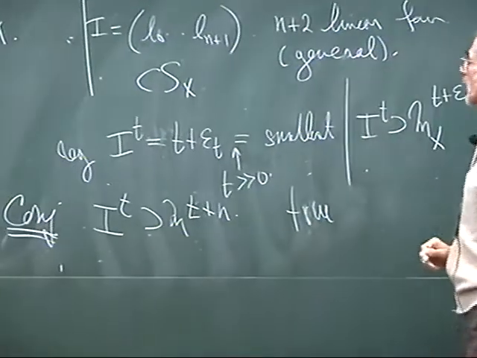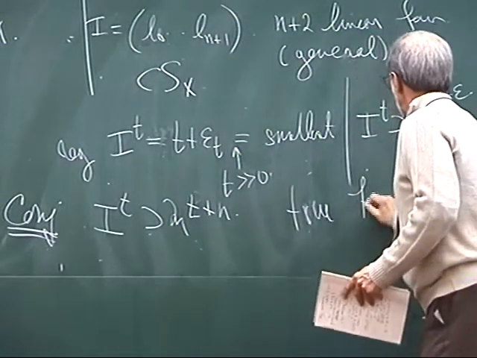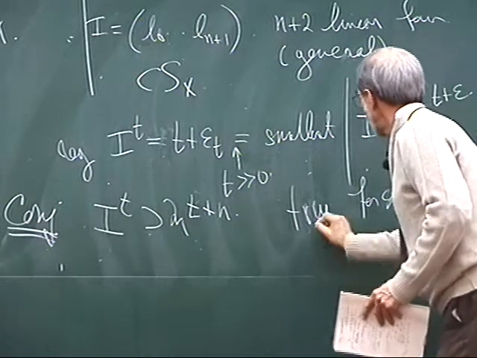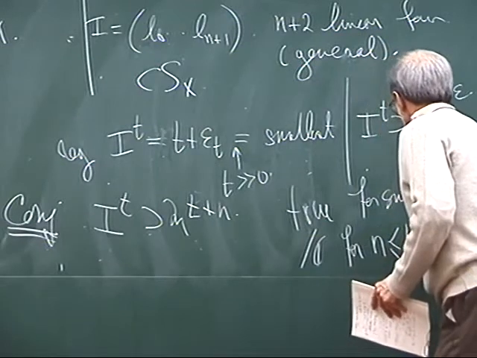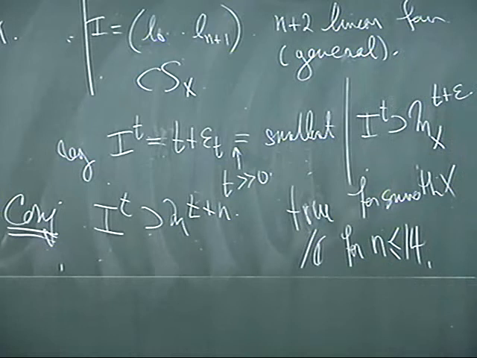at least when X is smooth, over the complex numbers for n less than or equal to 14, which, as I say, you might think is pretty strong evidence for a thing like that, but we don't really know in this case.